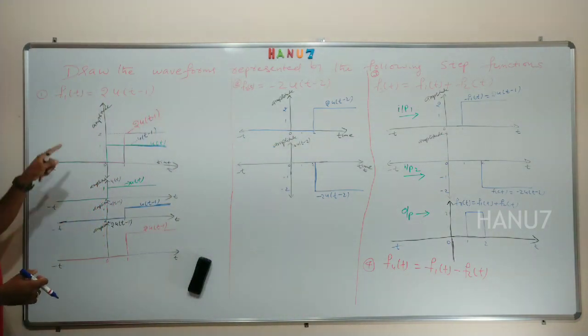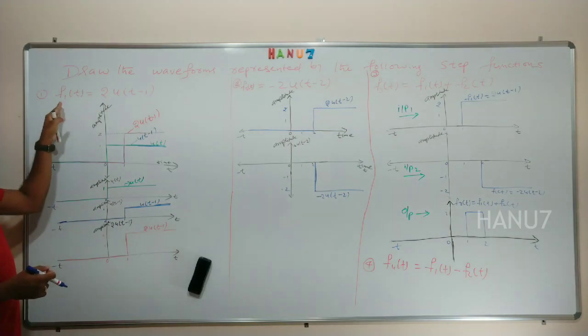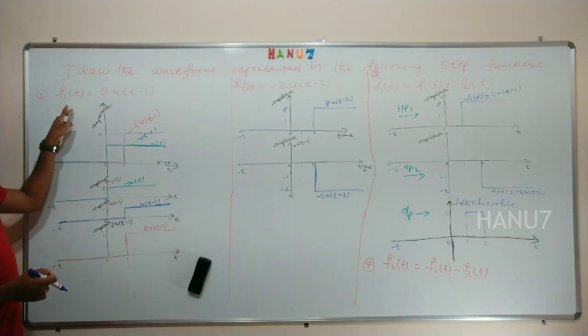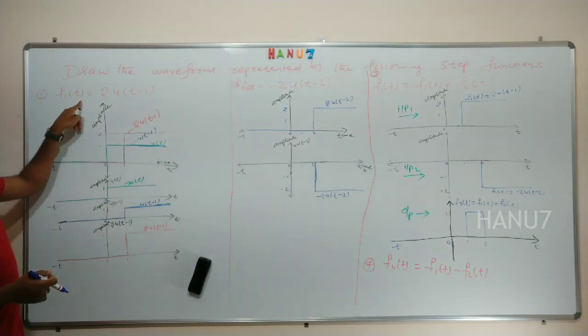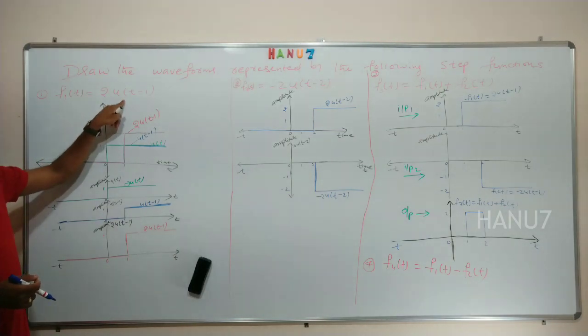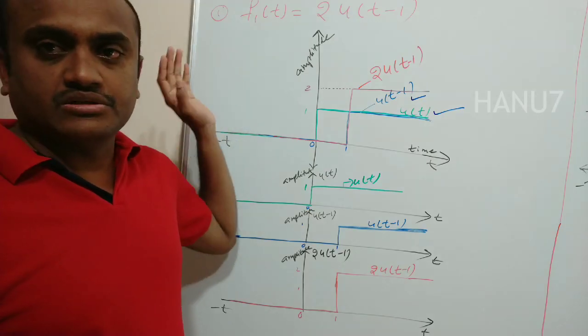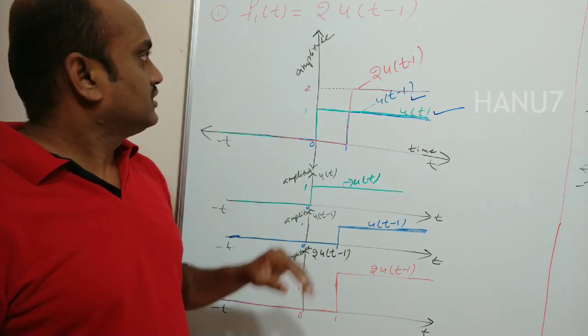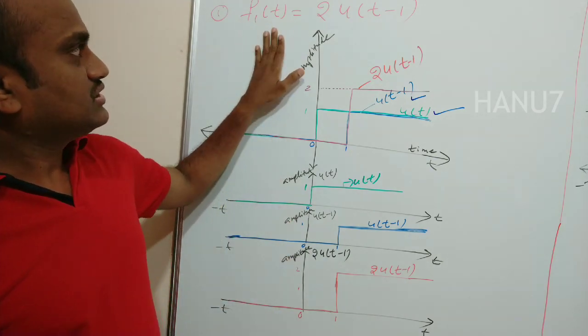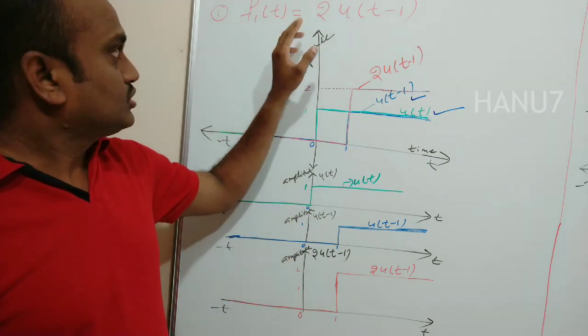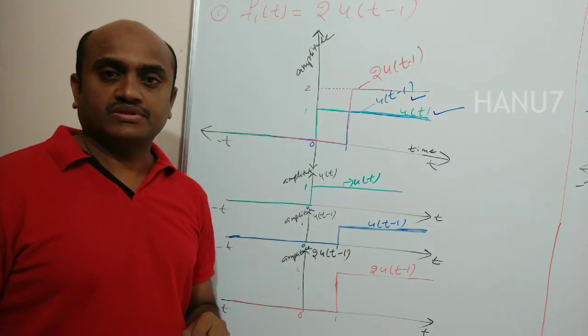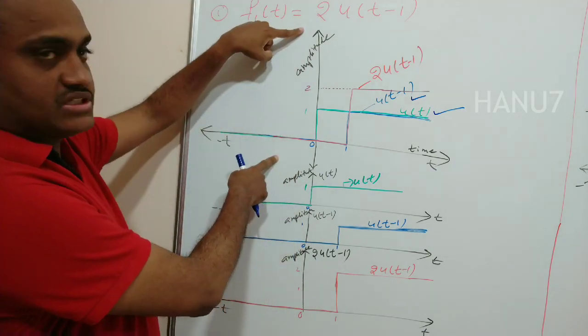So first we will look at the first category. Draw the waveforms represented by the following step function: f1(t) = 2u(t-1). Let us look at the first question given to us. Here we have to calculate f1(t) = 2u(t-1). Look at this first part.